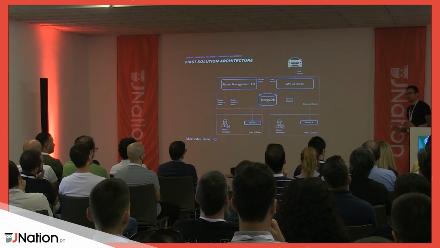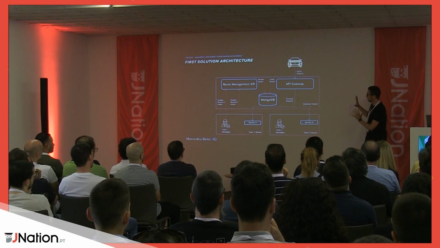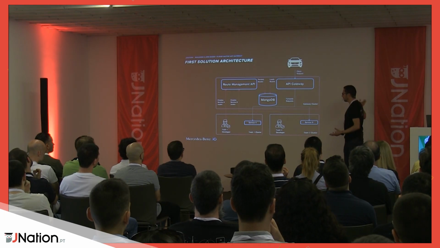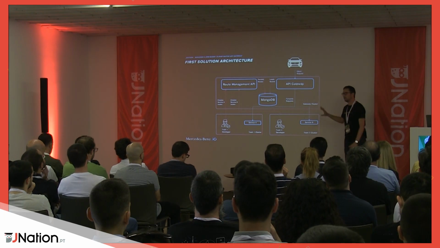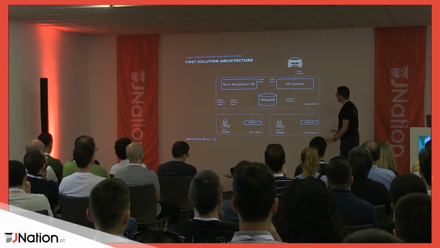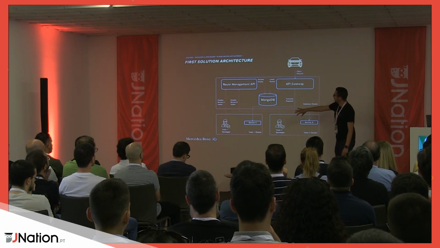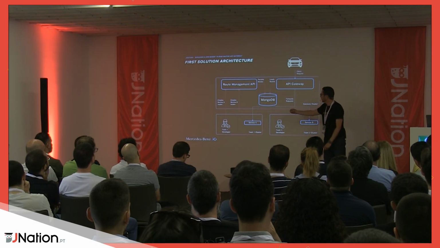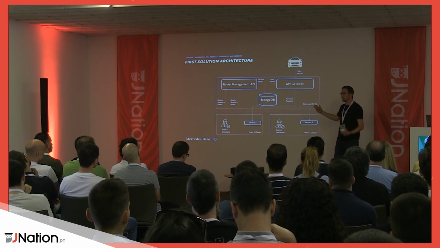So the first iteration that we took followed this diagram. Later in the presentation, I will show you the new version, but for now, let's focus on the first. On the bottom we have our team clusters, separated teams, and a developer from team one creating routes on a route management component API.